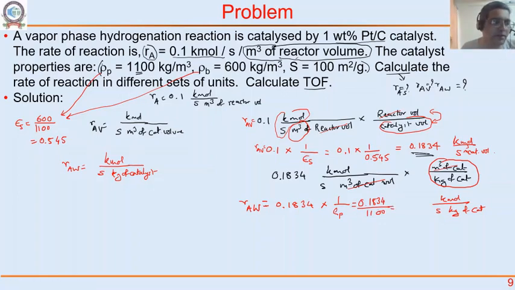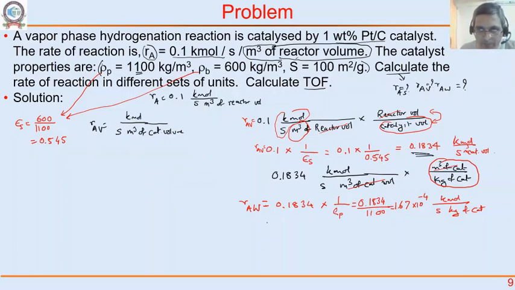Somebody calculate. This is, let's say, 1.67 into 10 raised to minus 4 kilomoles per second per kg of catalyst. That's what we wanted. RAW, isn't it?